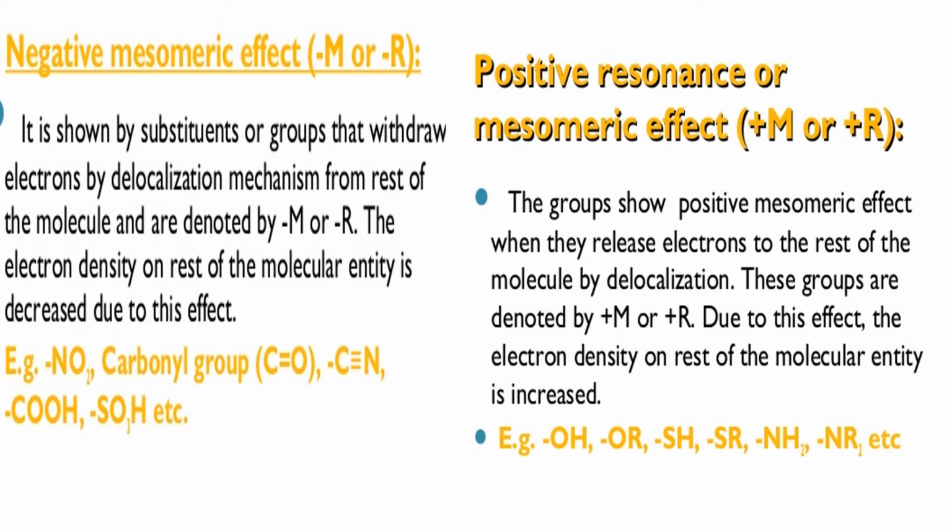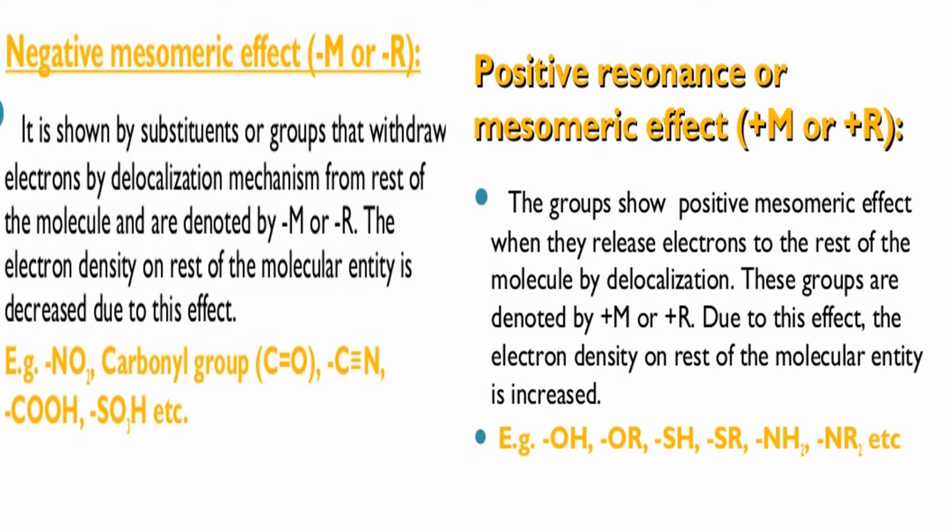The negative mesomeric effect, that is minus M effect, is shown by substituents or groups that withdraw electrons by delocalization mechanism from the rest of the molecule and are denoted by minus M or minus R. The electron density on the rest of the molecular entity is decreased due to this effect. For example, NO2, carbonyl, cyanide group, carboxyl group, SO3H group, etc.